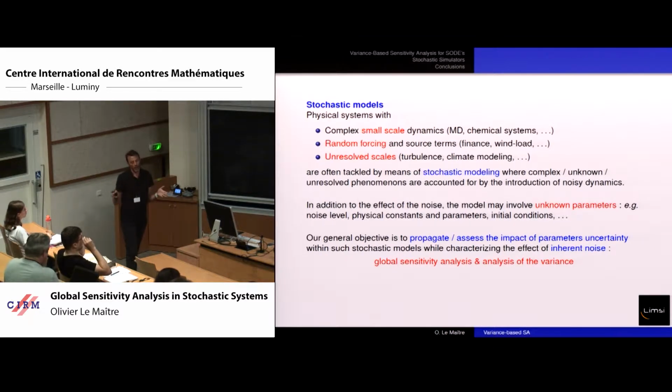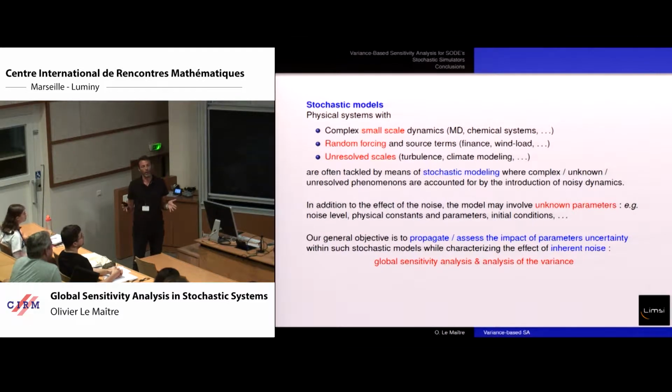And there are obviously the situation of all models that in order to maintain tractability, computational tractability, we have to reduce, we have to solve at, say, coarse scales, while we know that at smaller scales, there are some phenomena that we are completely neglecting.